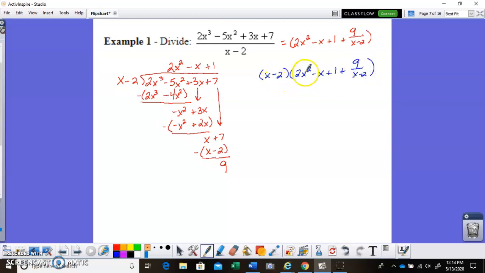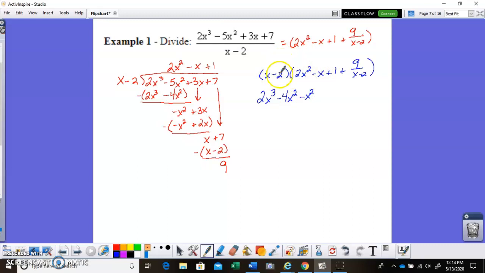All right, so I'm going to take this 2x squared and distribute it to both pieces. So 2x squared times x is 2x cubed. 2x squared times negative 2 is negative 4x squared. I did all of that one. Now I move to the negative x. So negative x times x is negative x squared.